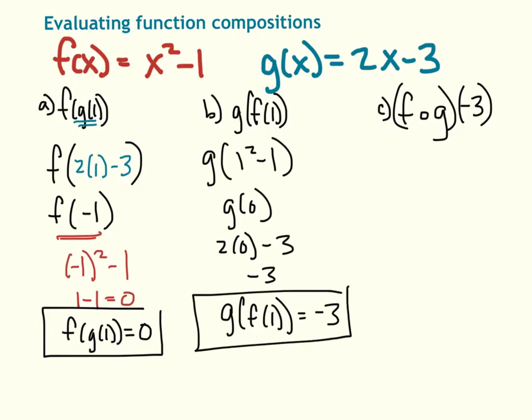Okay, in this example, f of g of negative 3, I'm going to change it to look like this, f of g of negative 3. That way it's just easier to see what order I should be doing the things in. So g of negative 3 would be 2 times negative 3 minus 3.